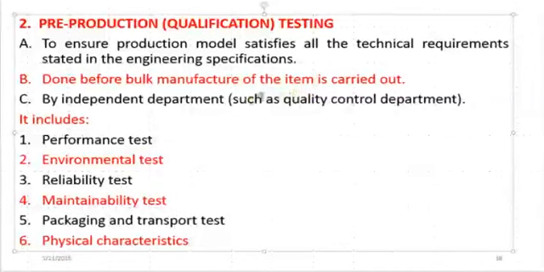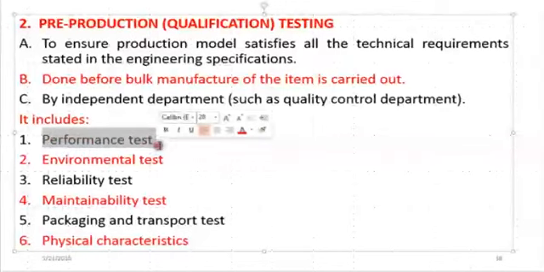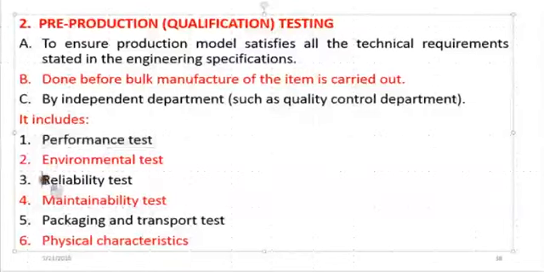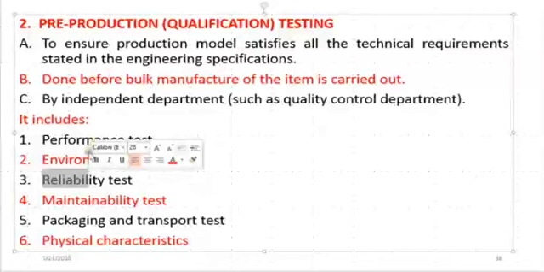What are the kinds of tests involved in this pre-production testing? Number one, we carry out performance tests to see how the product is working. We also carry out environmental tests to see how environmental parameters like temperature affect the performance. We also carry out reliability tests to see the rate of failure of the device.